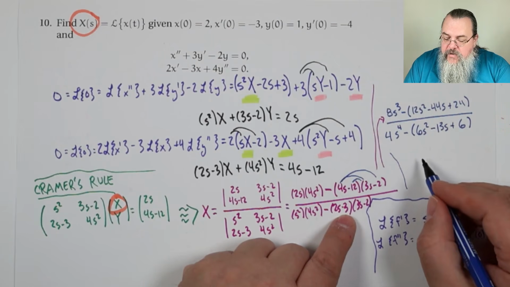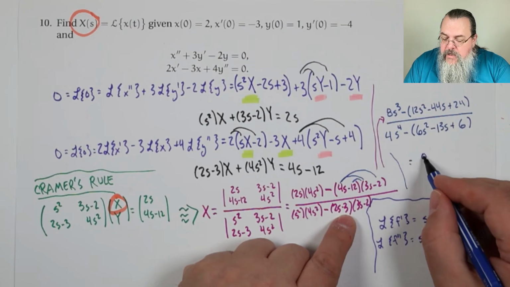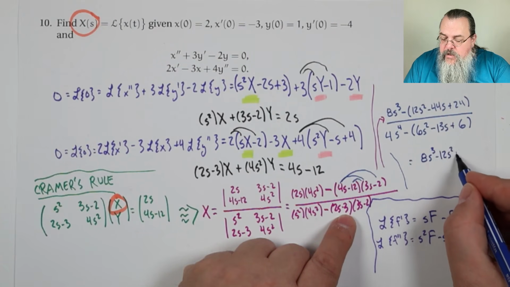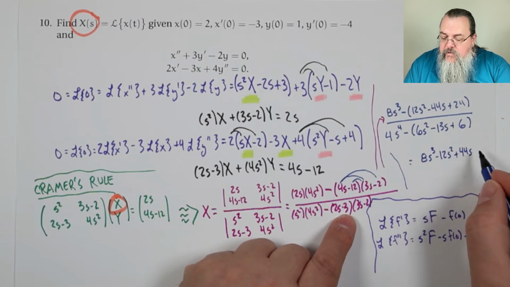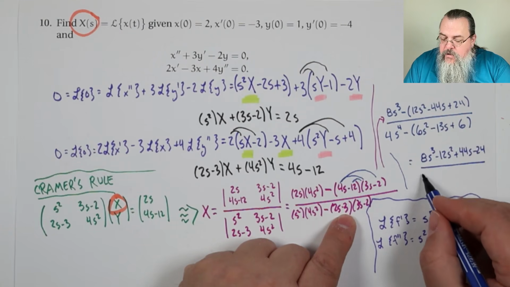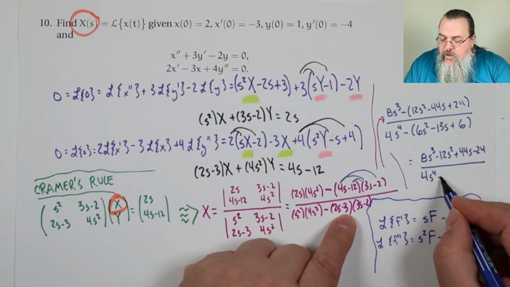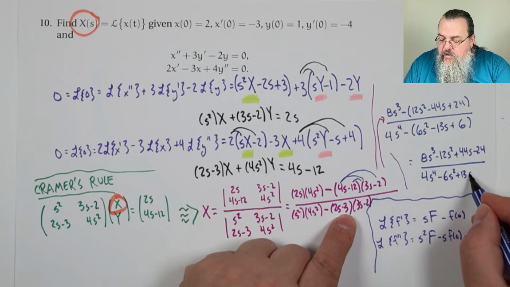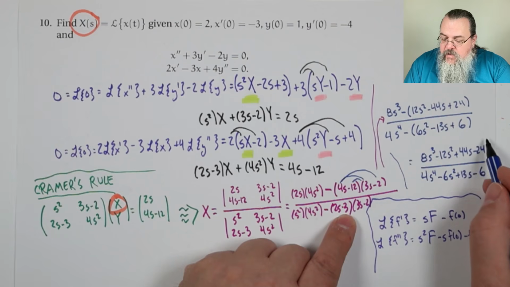And if we distribute the minuses through, we end up with 8s cubed minus 12s squared plus 44s minus 24, divided by 4s to the fourth minus 6s squared plus 13s minus 6.